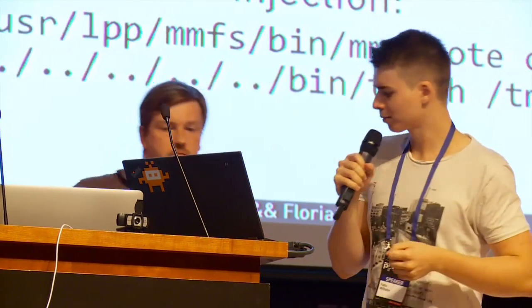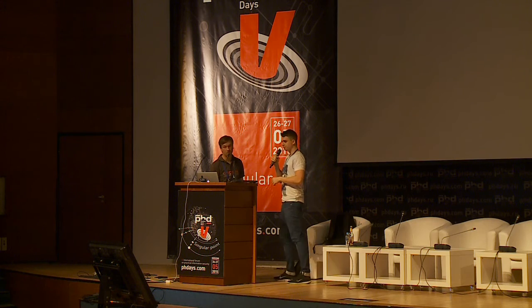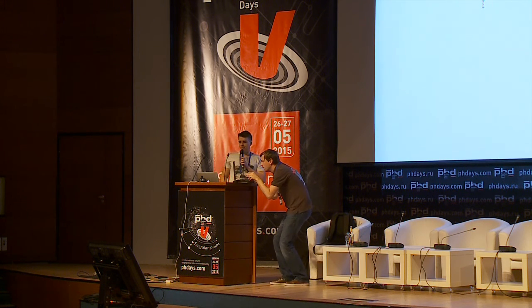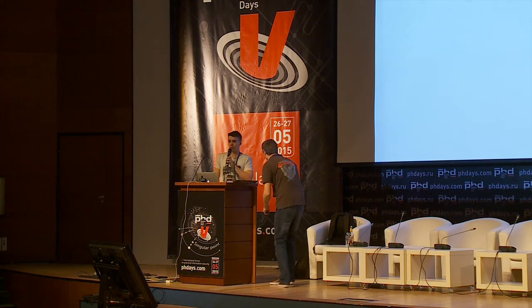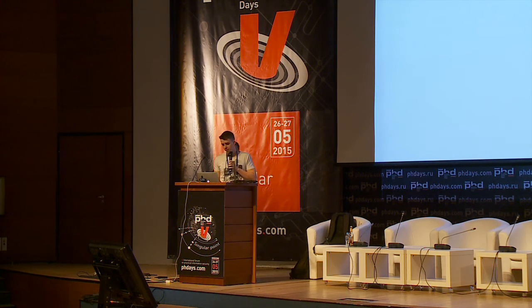For the demo, the demo setup is a bit more complex, because the command injection is limited to a certain number of characters and really limited in what kind of special characters you can use. So what we are doing here is, on the top right-hand side, we are starting an HTTP server.